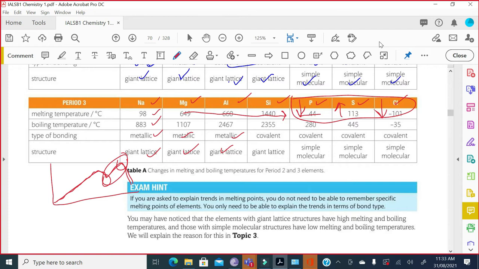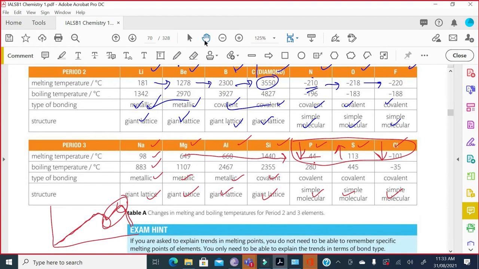Then we have the covalent character, and a giant lattice is there, stronger force of attraction, high melting and boiling points. Then simple covalent. But why is there a difference? Why is there a fall, then a rise, and then a fall? It should have been like the previous one. There could have been a fall and a fall and a fall in this one, right? There was a regular fall, but in this case it's not like that. So we need to explain that.